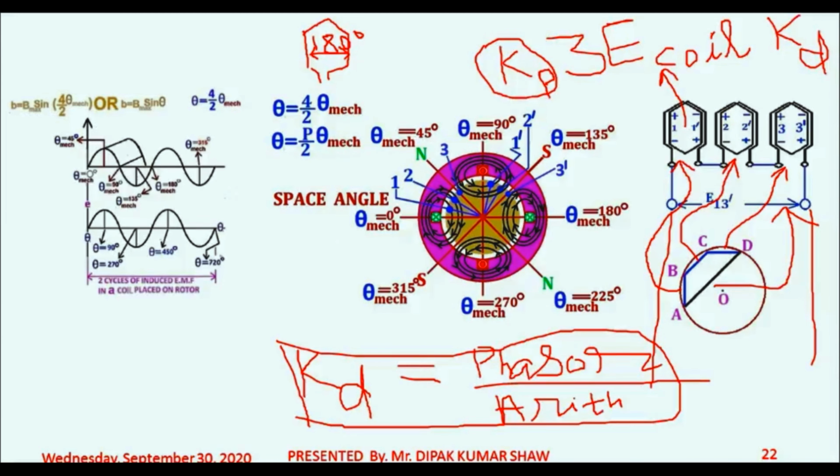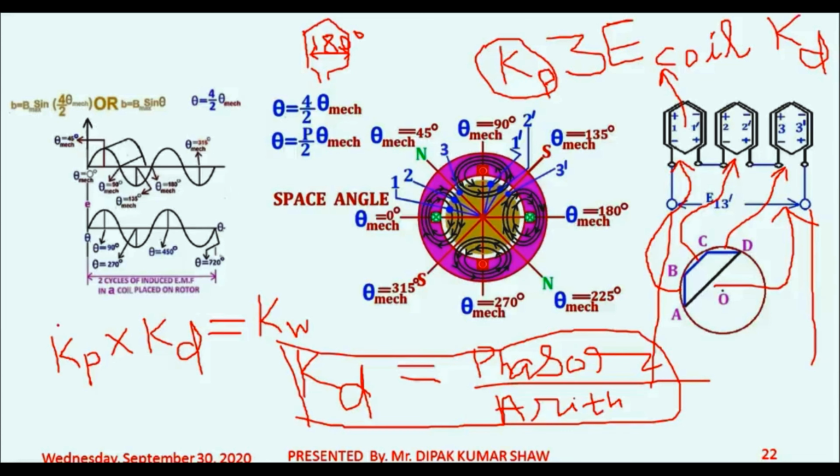So in general, the product of Kp, that is the pitch factor, and Kd, that is the distribution factor, these two things will come into the picture if you have a number of coils connected in series but distributed over the rotor periphery or stator periphery. There you will have this particular term Kw, that is the winding factor.